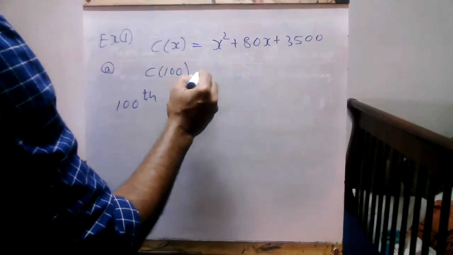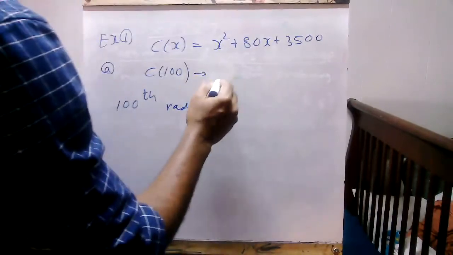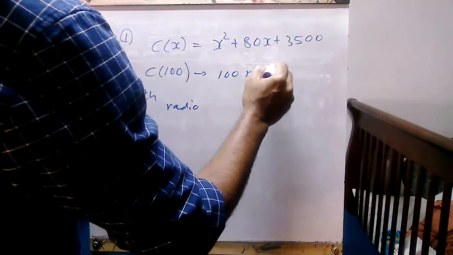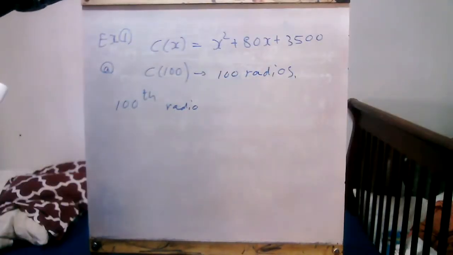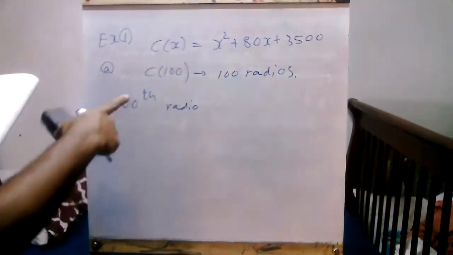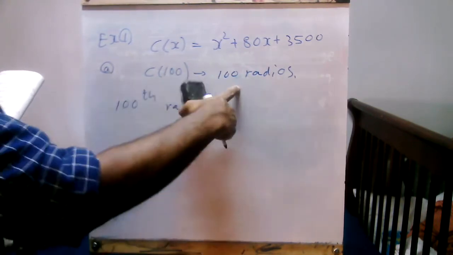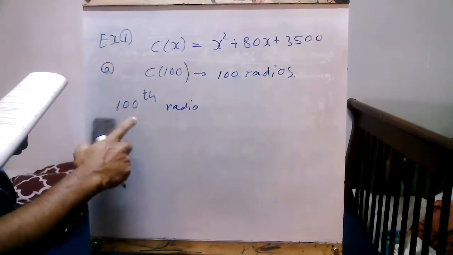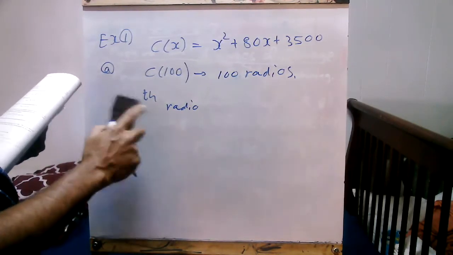C100 means the cost of producing 100 radios, right? We can find that using this equation. Not the 100th radio, this is one radio, this is 100 radios, right? This is the 100th radio. This is what the question is asking. One radio.